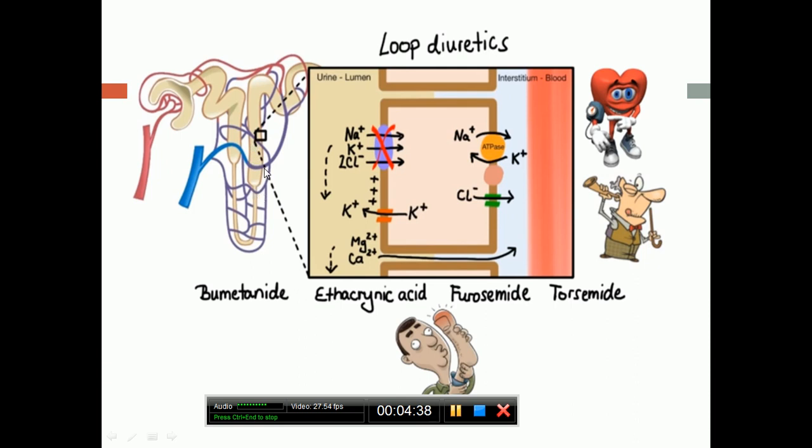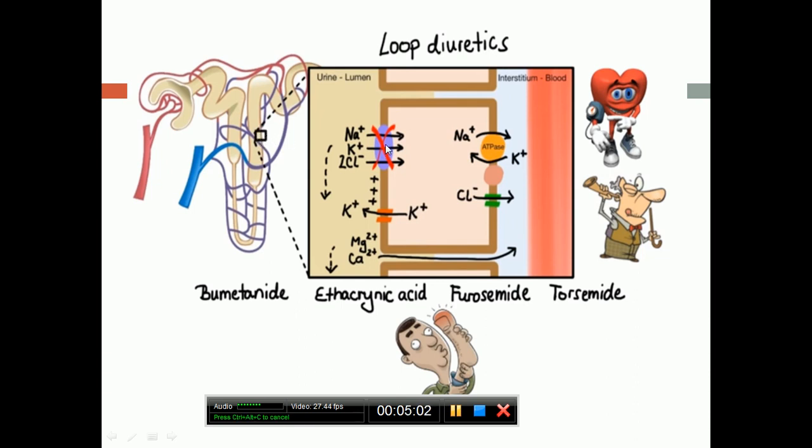Then while entering the cortex, it has the epithelium which has tight junctions, and this is thick as compared to this segment. So that is why it is called thick ascending limb of loop of Henle. Here, just before the distal convoluted tubule, at the last moment of the thick ascending, there is a transporter protein.